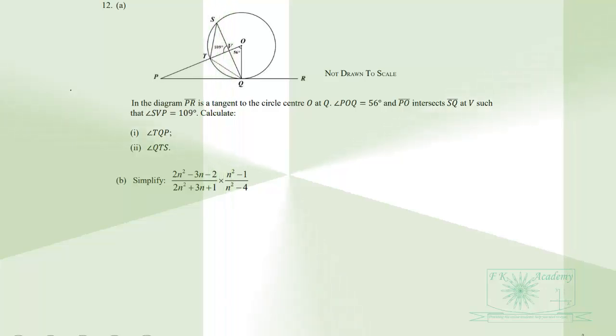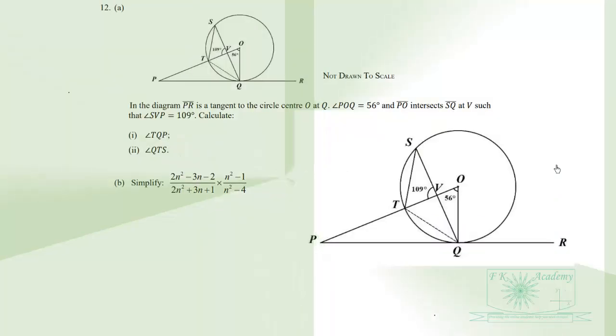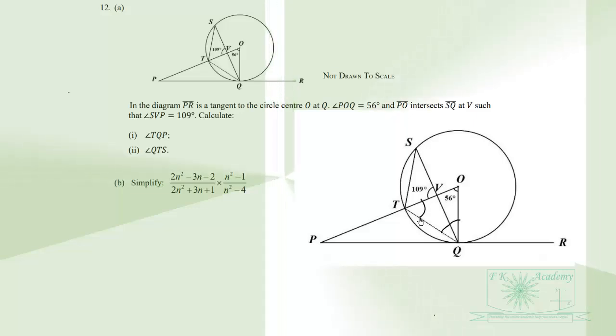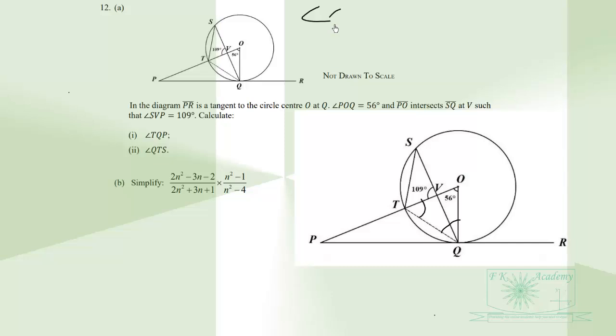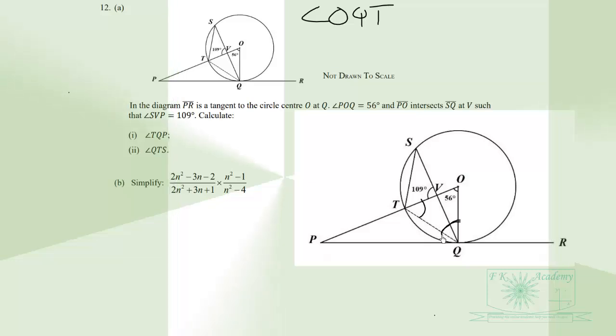TQP and angle QTS. So let us first of all determine the value of this angle here, which is equal to this angle. So let's call it angle OQT. So we know angle OQT, this angle here, is the same as this angle.